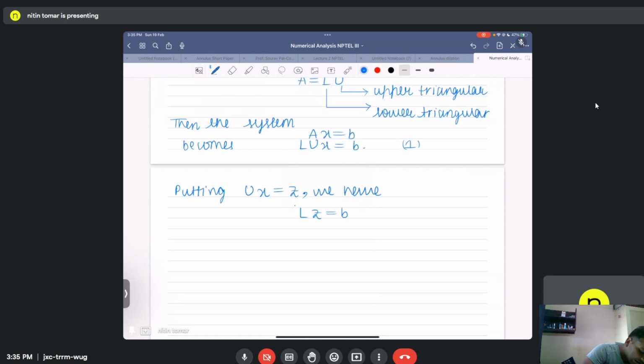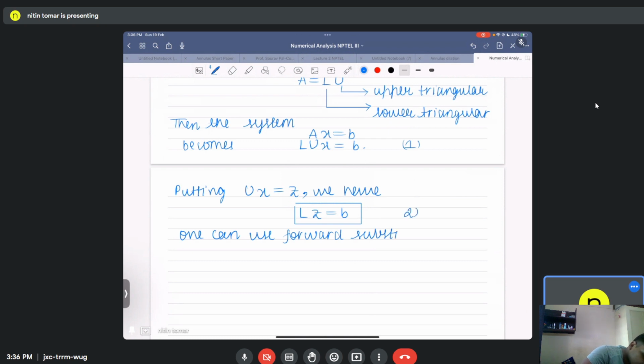Yes, sir. Now can you see that it is easy to solve because it is a lower triangular system, right? Yes, sir. So one can use forward substitution to solve this system.